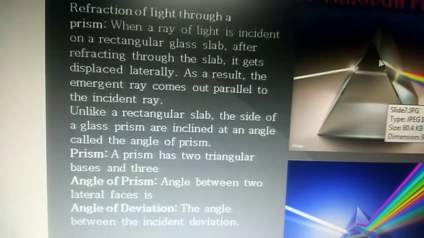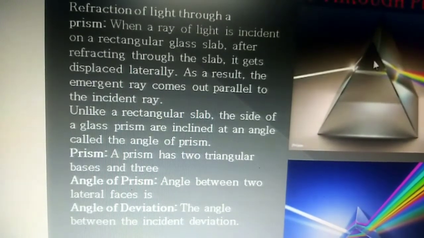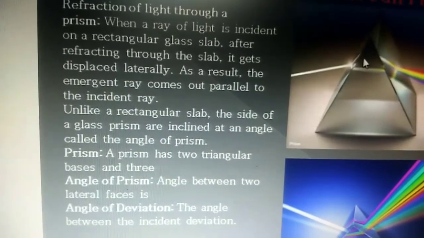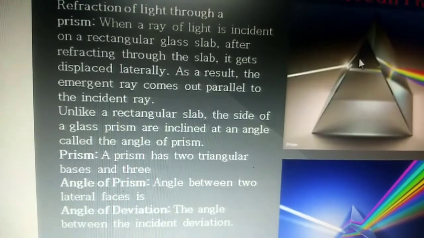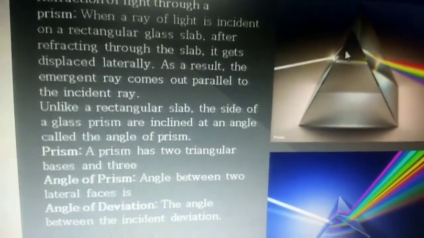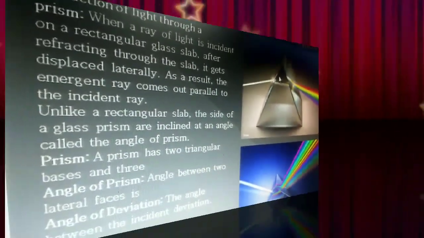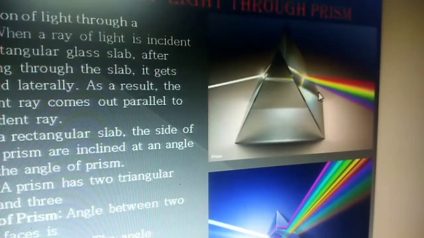The angle at which the non-parallel surfaces are inclined is called the angle of prism, and it is designated by capital A. Whenever a light ray is passing through it, then after refraction it comes out of the prism.